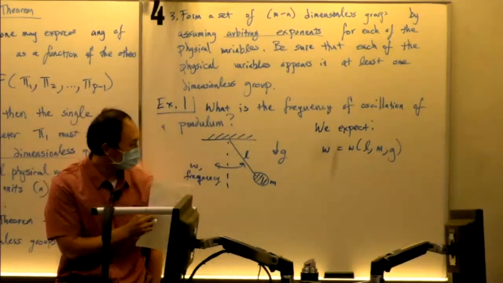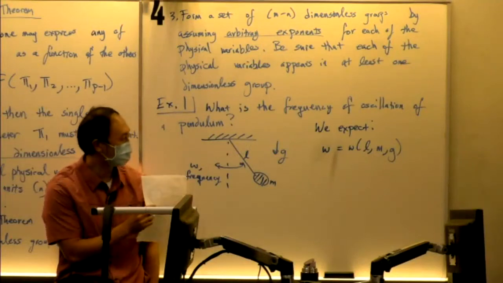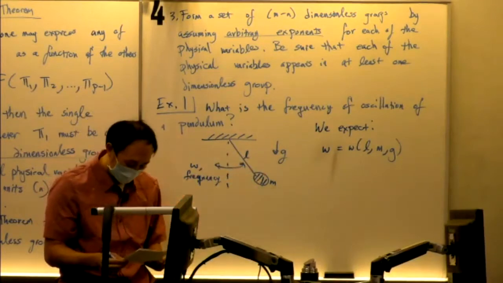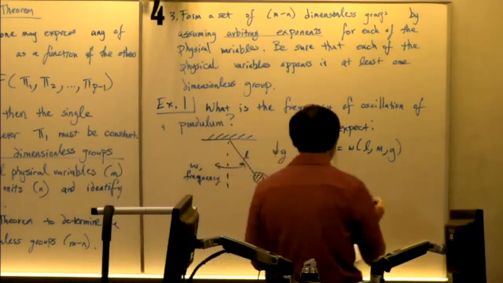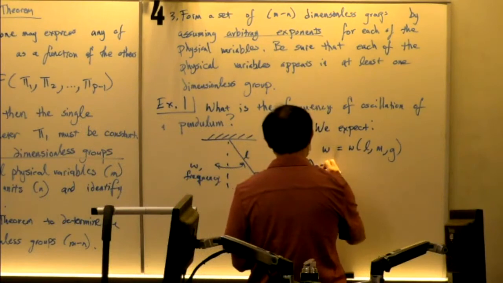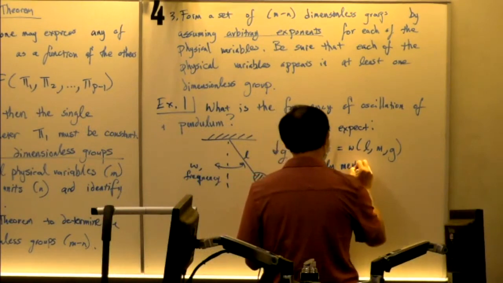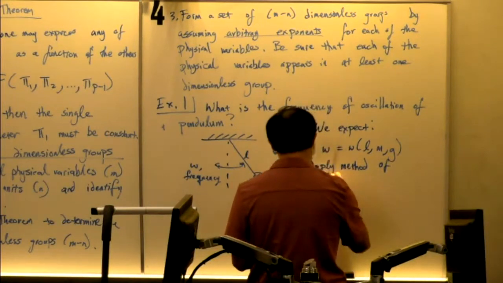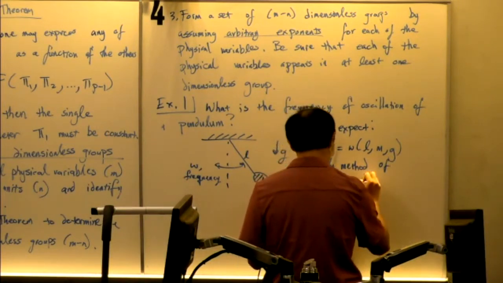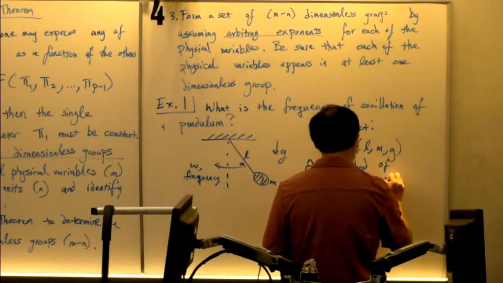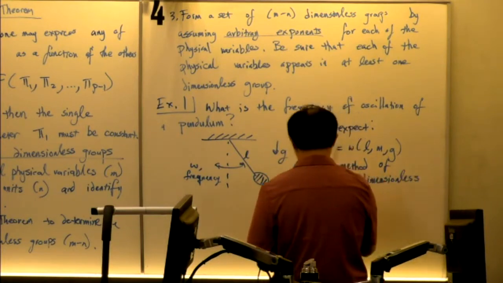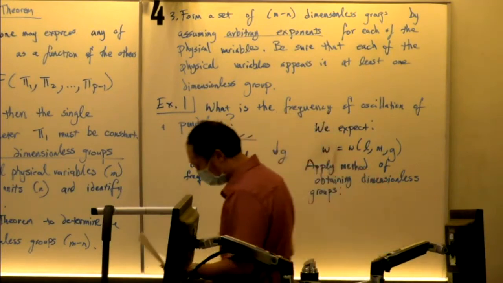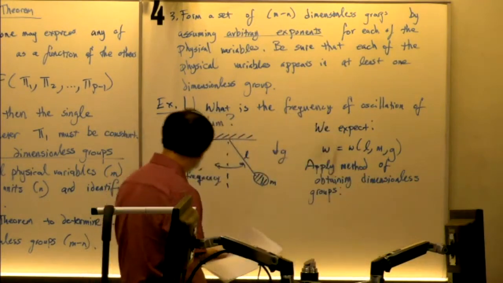The physics of this problem that tells you how much this pendulum produces is completely in the dimensions. You don't have to do any calculus. So that's what we're going to do. We're going to apply the method of obtaining dimensionless groups.